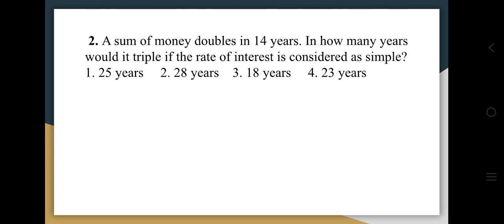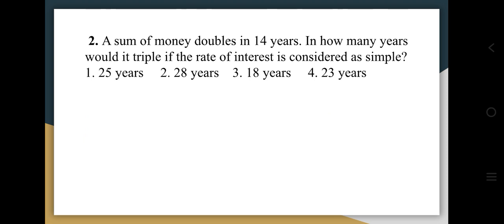A sum of money doubles in 14 years. In how many years would it triple if the rate of interest is considered as simple? So the money doubles in 14 years.